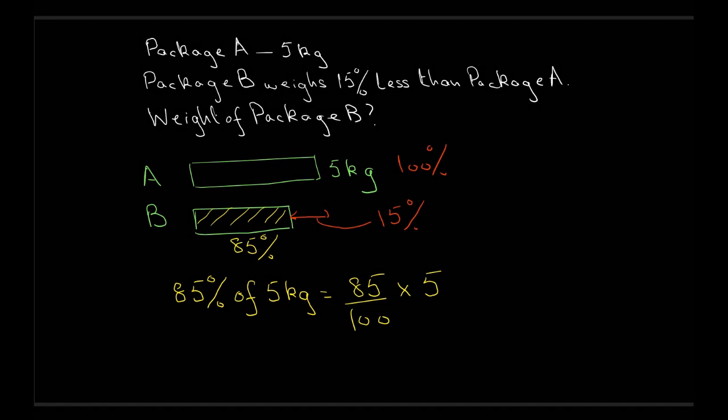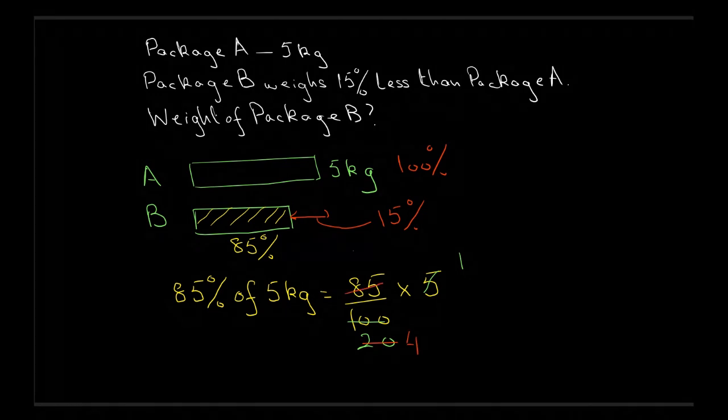So I can divide by 5 and then I'll have a 20, and then I can again divide by 5, so I'll get a 4, and if I divide 85 by 5 I'm going to get a 17. This is just equal to 17 over 4 kg, which in other words is 4.25 kg. So hopefully all of this is clear to you now.